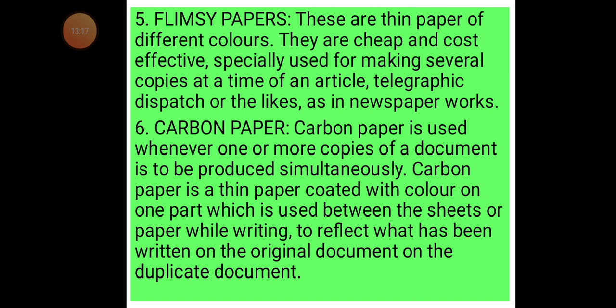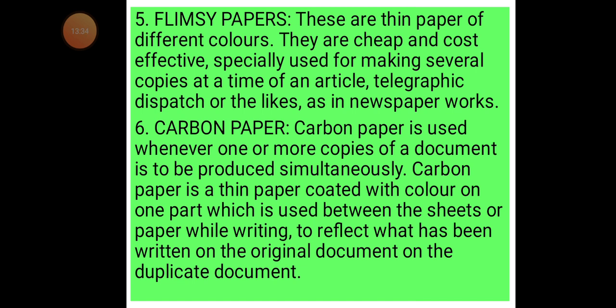I know we are all familiar with carbon papers. So carbon paper is different from flimsy paper in the sense that carbon paper is used to just make one or more copies of a document simultaneously.